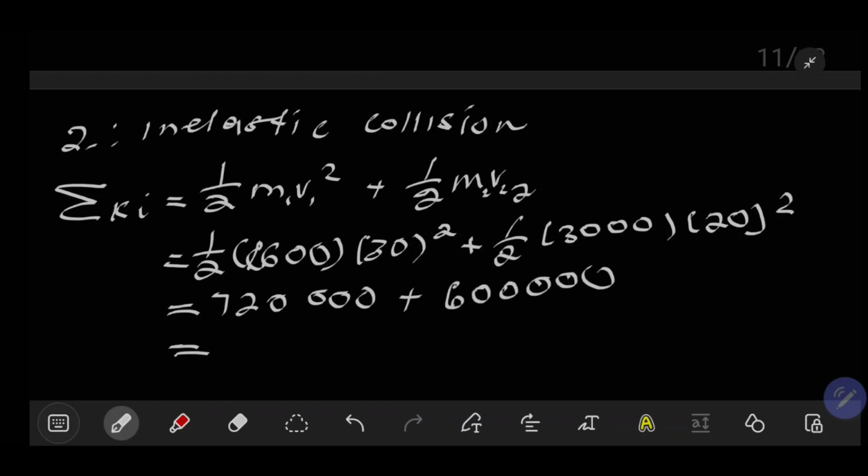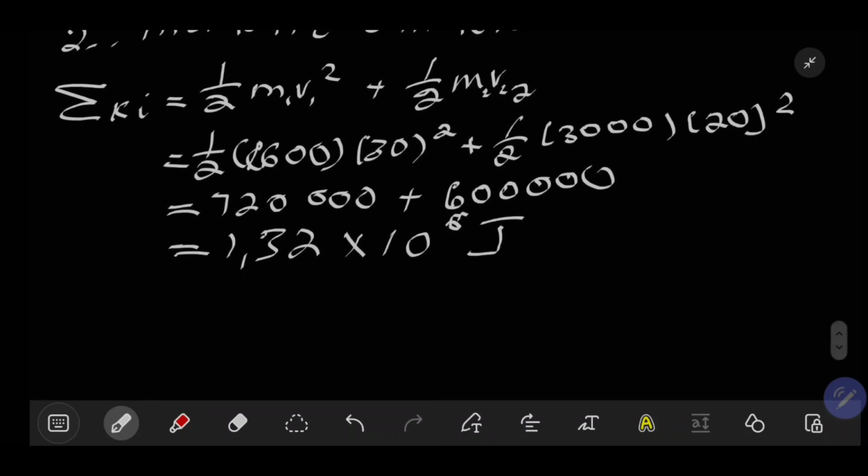Then when you add the two, you get your answer in scientific form, which is 1,32 multiplied by 10 to the power 6. Kinetic energy, or energy, is measured in joules. So this is the kinetic energy before collision.